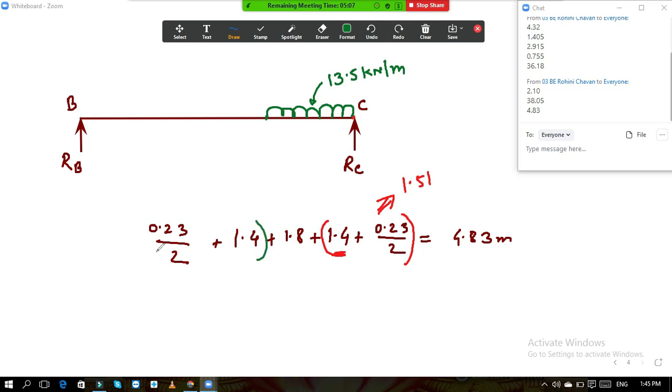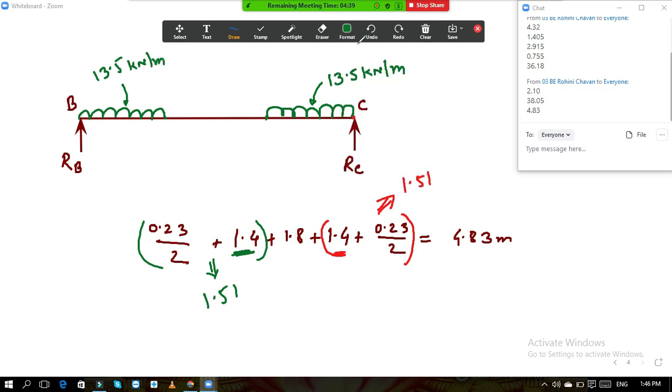Similarly, if you see this portion, this 1.4 is also landing on this side. Flight BC is having landing on two sides. So 1.4 again it is 1.51. From this side also, at a distance of 1.51, again here is the load of 13.5 kilonewton per meter.